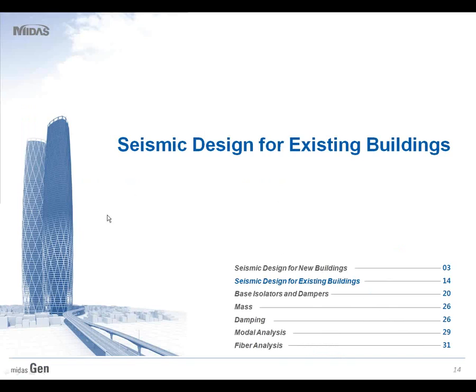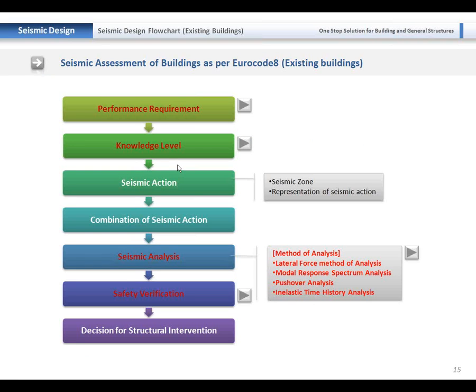Okay, let's move to the seismic design for the existing building. For the existing building, some of the procedure is the same and some of the procedure is different. Firstly, the performance requirement, determining the knowledge level, and the seismic action and combination are the same.